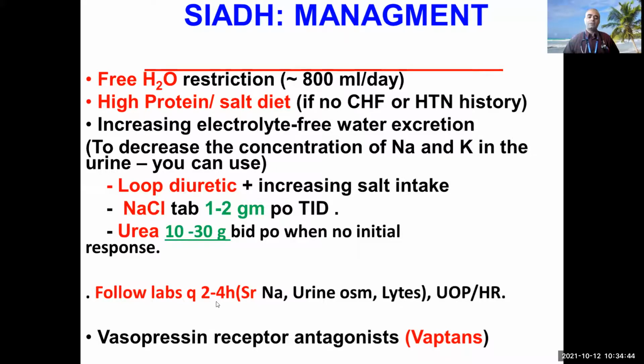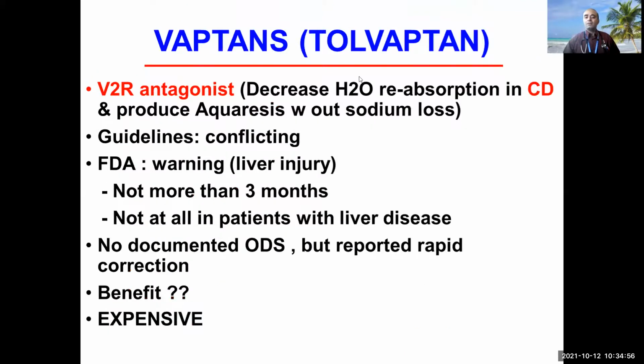Some doctors here also use vasopressin receptor antagonists, tolvaptan or Vaptans. What is the mechanism of these drugs? They are competitive antagonists to the V2 receptor on the collecting duct.